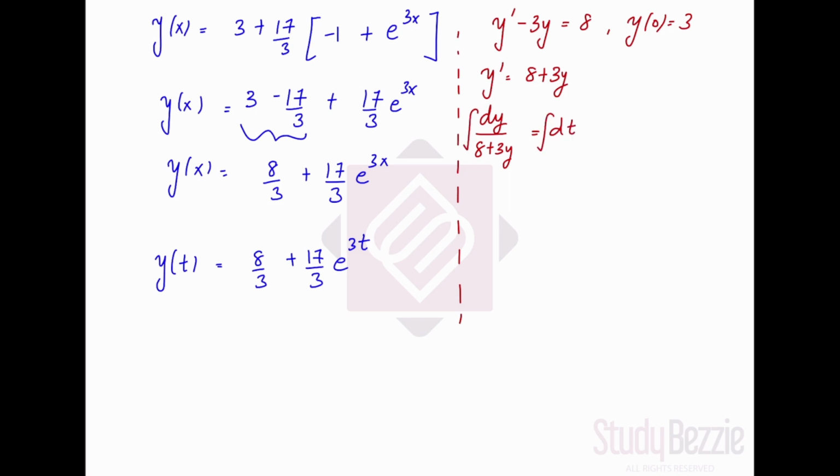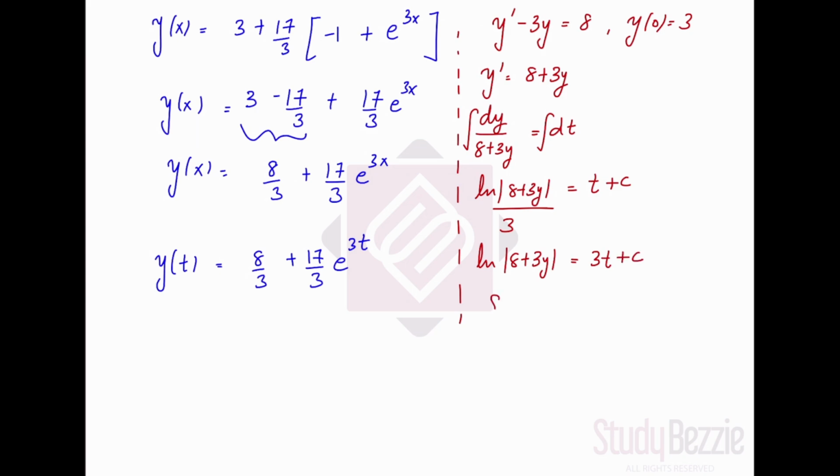Integrate both sides, you get ln of 8 plus 3y, all over 3, plus c over 3. I'm not going to work it out for you. I'm just trying to make sure that you can see the work, follow along, and check it. You can do it yourself too. I'm pretty sure you guys are capable of doing this. So ln of 8 plus 3y must equal 3t plus c.